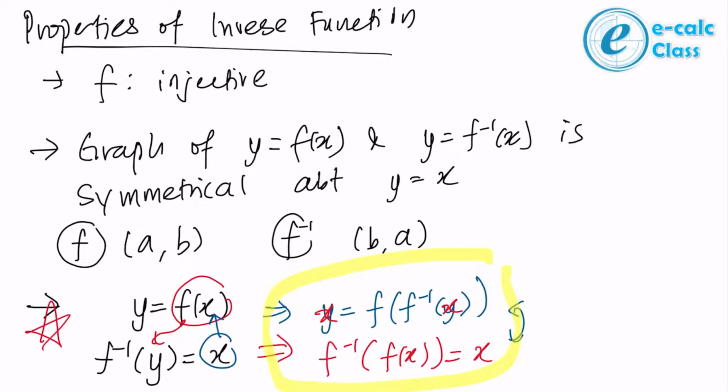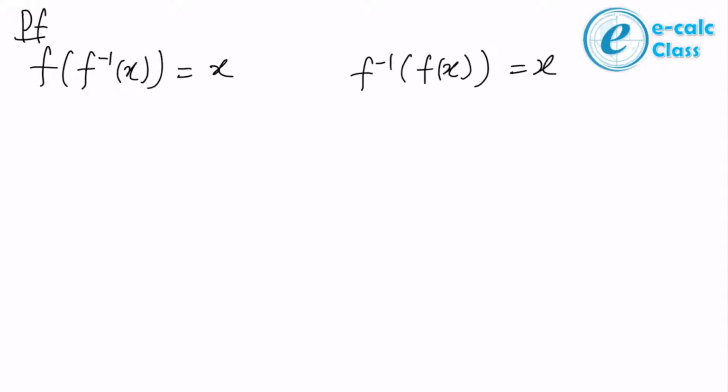Alright? So again, we'll start with the two properties that we discovered earlier, which is these two. f of f inverse of x is going to give you x, and f inverse of f of x is going to give you x. And we only need one of them actually. So maybe we choose the first one. Alright? So what I will do here is I differentiate both sides with respect to x.